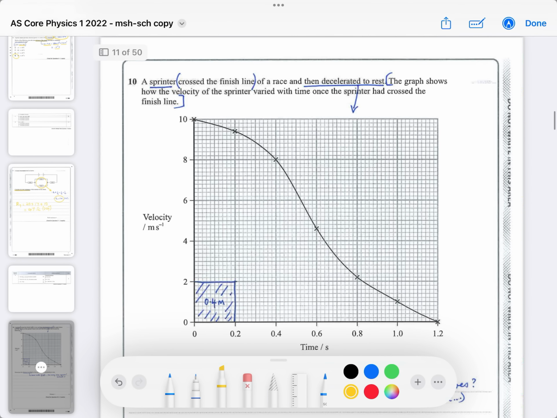Question 10. A sprinter crossed the finish line of a race and then decelerated to rest. The graph shows how the velocity of the sprinter varied with time once he had crossed the finish line. So in other words, he crossed the finish line at time 0.